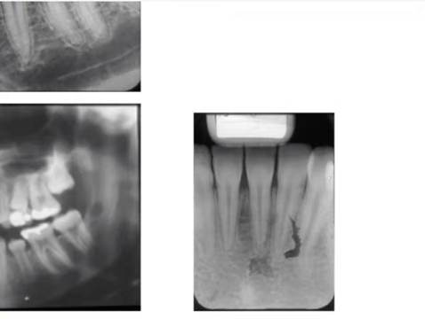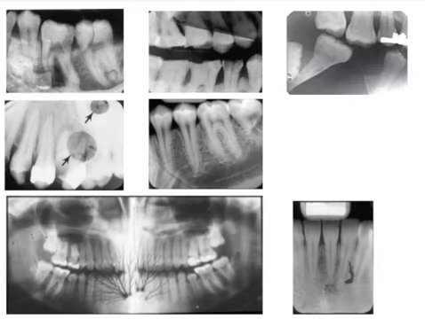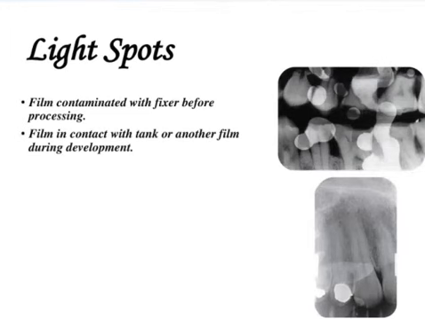Okay. Now next is about the light spots. So light spots are because of fixer and dark spots are because of developer. Okay. So light spots occur because the film is contaminated with fixer before the processing.